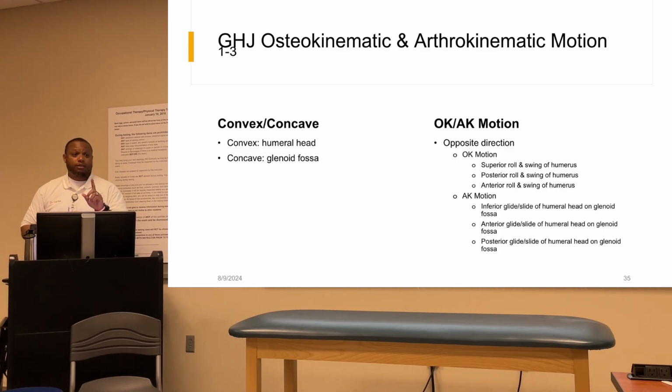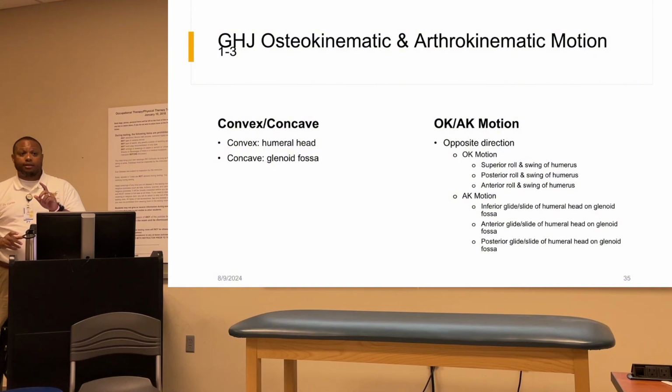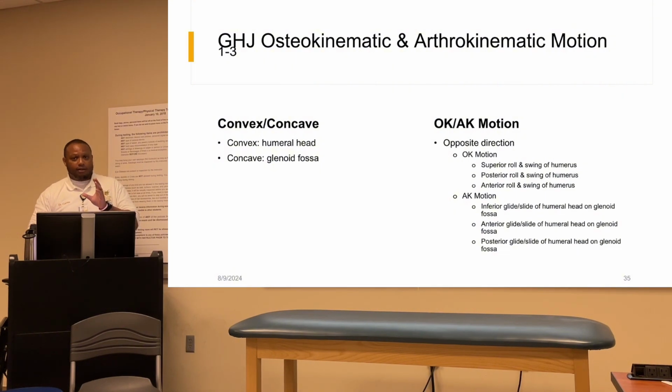Now, in most textbooks with flexion, this is what you see. You see a pure spin in most textbooks. So most textbooks are going to say flexion is a pure spin. But with flexion, you do get some component motion with a combination of inferior glide and posterior glide.